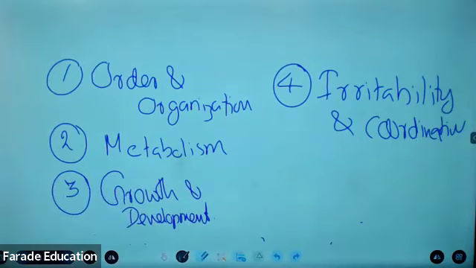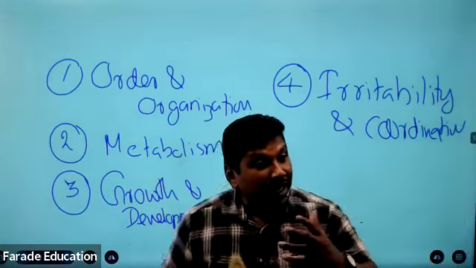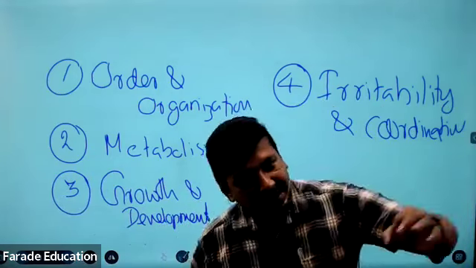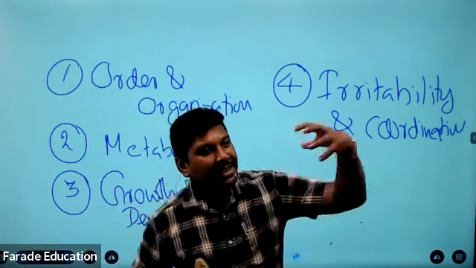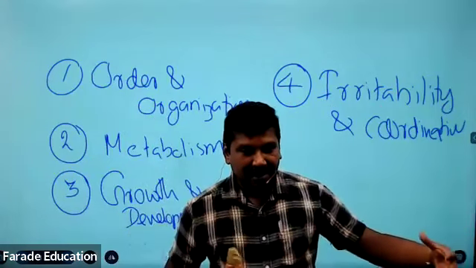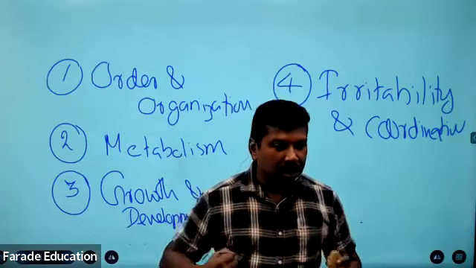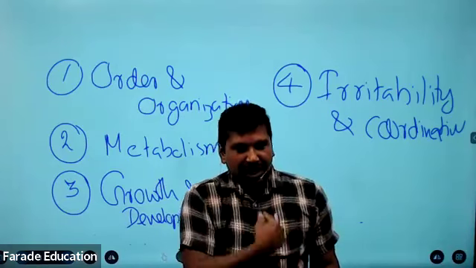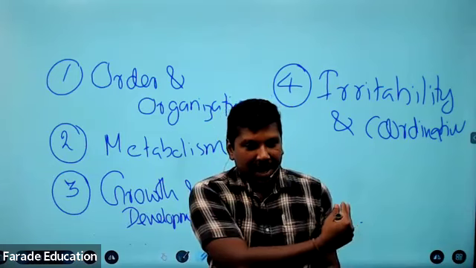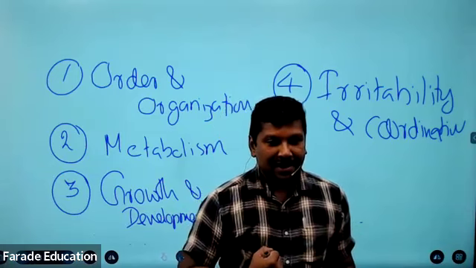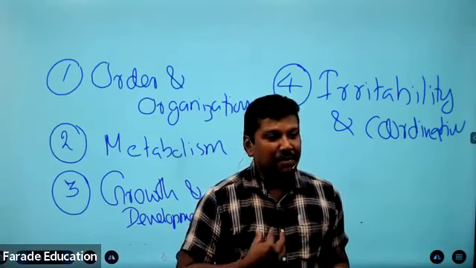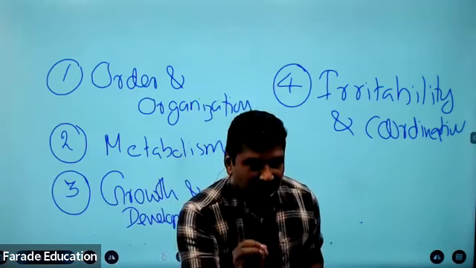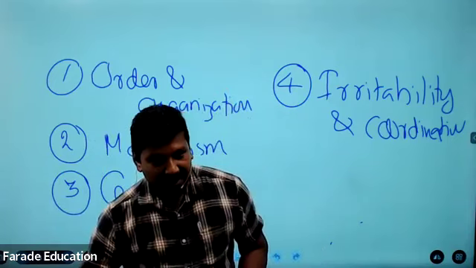Irritable means you want to respond to a stimulus. That stimulus can be an external one, right? If somebody hits me, I'm also hitting him. So that is a stimulus coming from outside of my body, and I am responding. So that is the irritability. Irritability means your ability to respond to a stimulus.